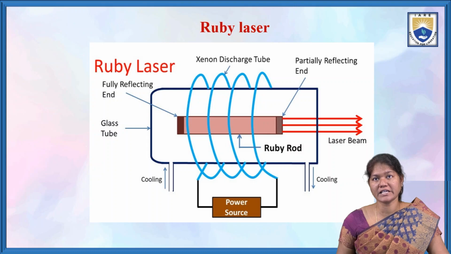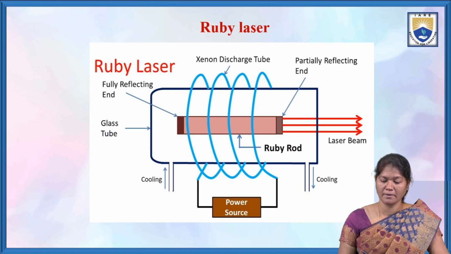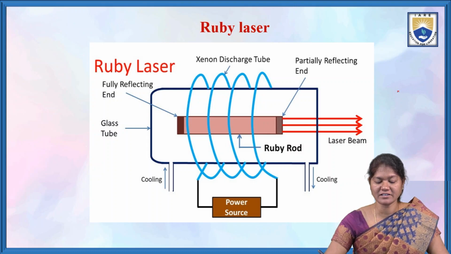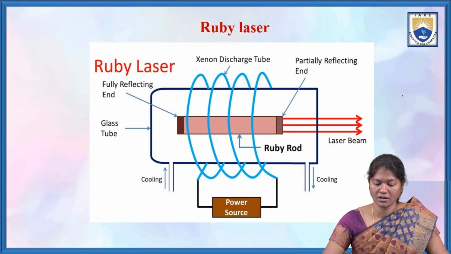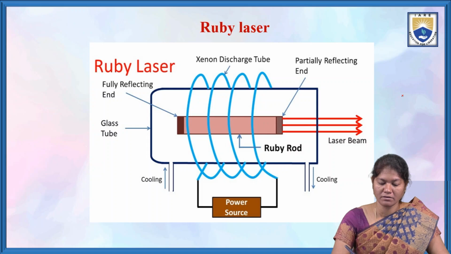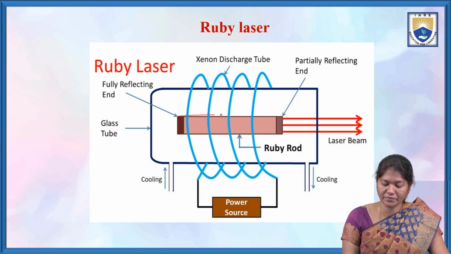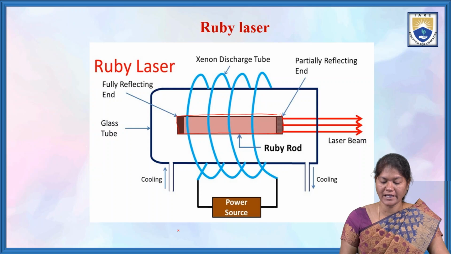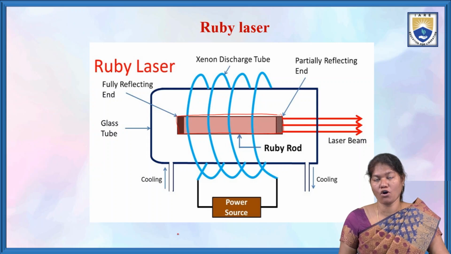So here in the Ruby laser setup, you can see the Ruby laser rod is placed along the axis of the helical xenon or krypton flash lamp tube.